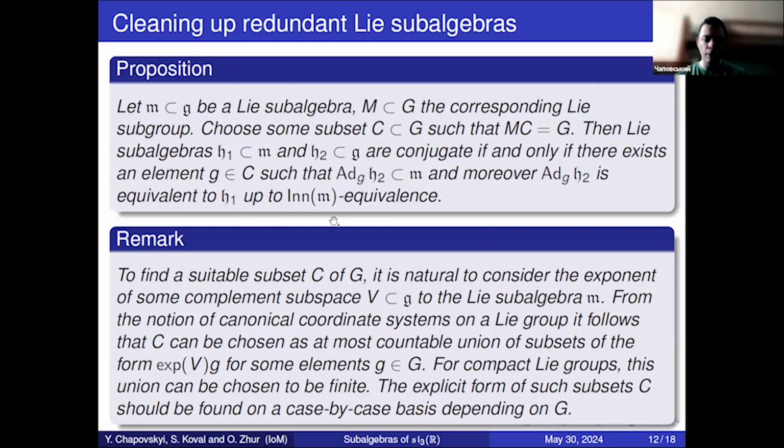And the second step is already assumed to be known, because this is a proper subalgebra inside G. So the crucial step is to find such an element of the complementary subset that the image lies in M.